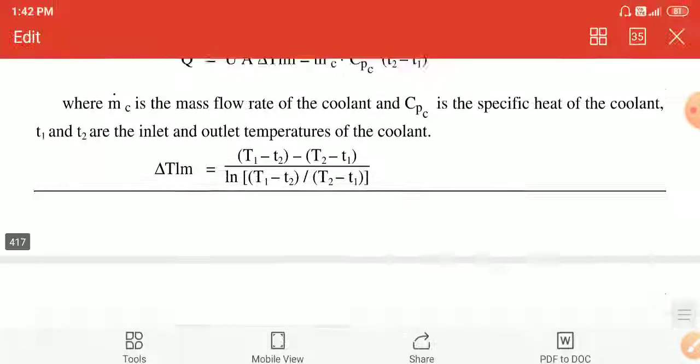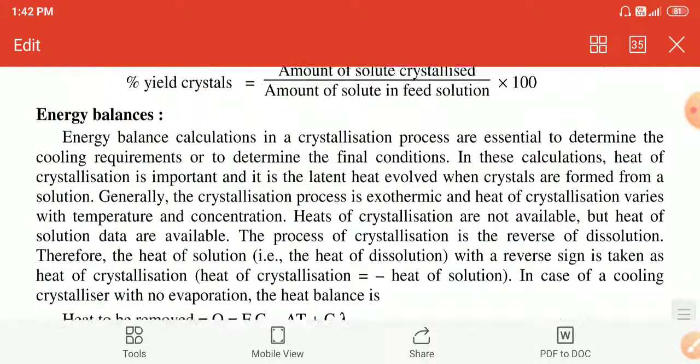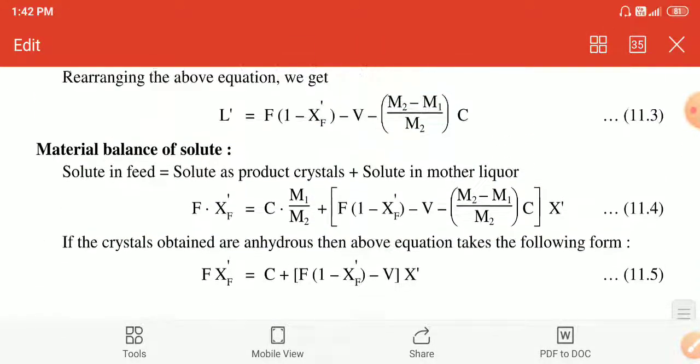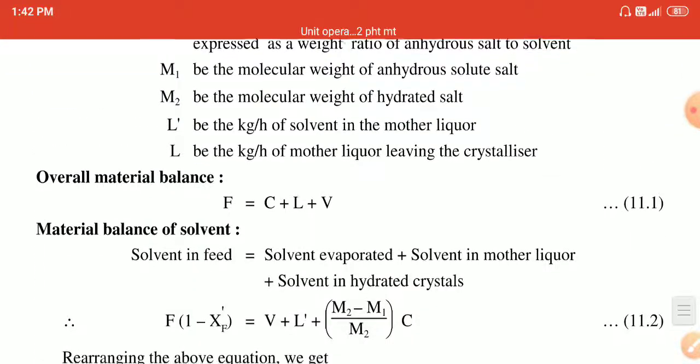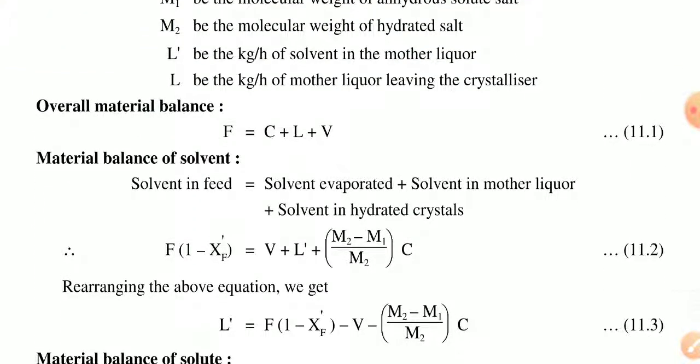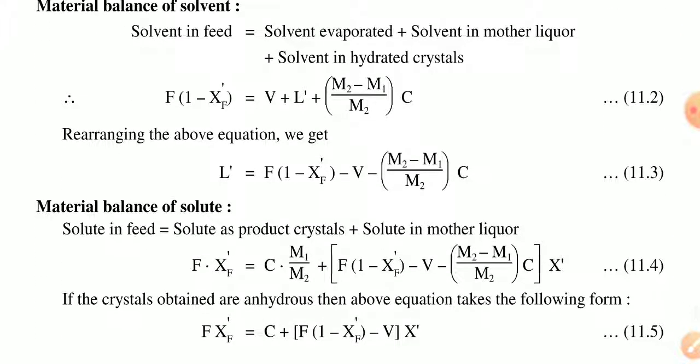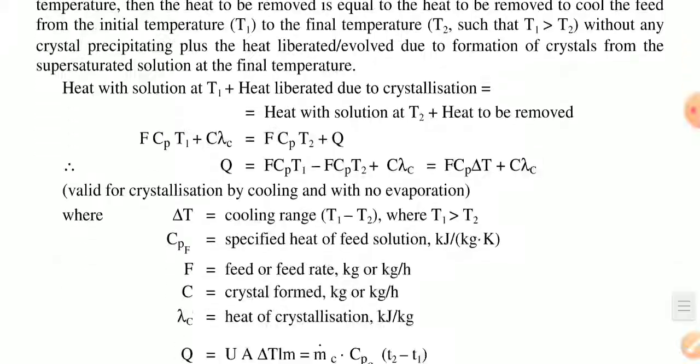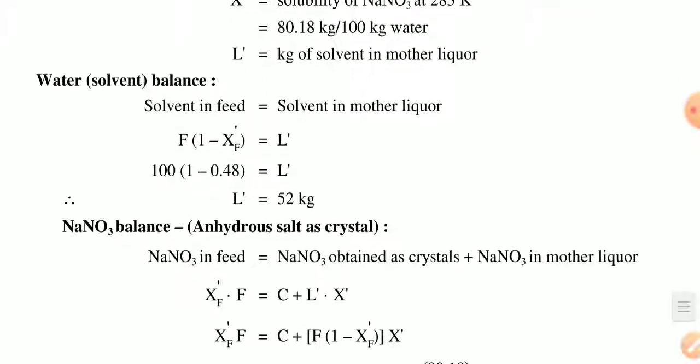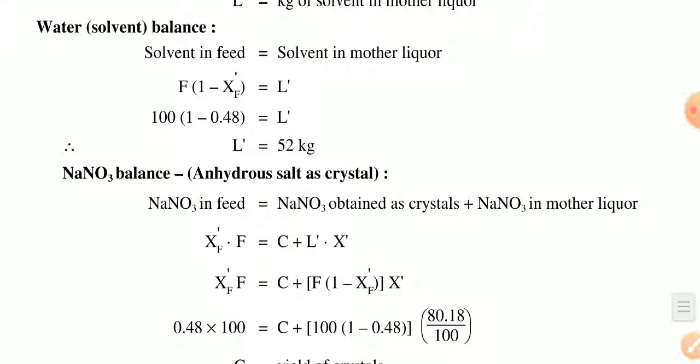We saw in the previous lecture that F is equal to C plus L plus V, and L dash is equal to F times (1 minus X dash F). So F is 100, times 1 minus 0.48, is equal to L dash.